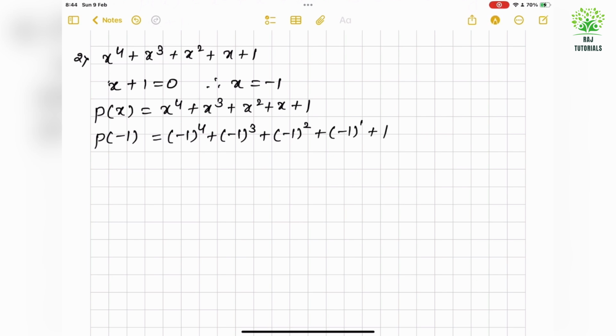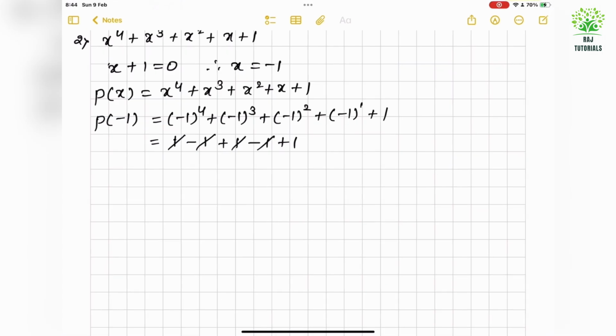So this will be 1 minus 1 plus 1 minus 1 plus 1. So 1 and minus 1 got cancelled. The answer is coming as 1. So therefore x plus 1 is not a factor of p of x. That is, the given polynomial is not divisible by x plus 1.